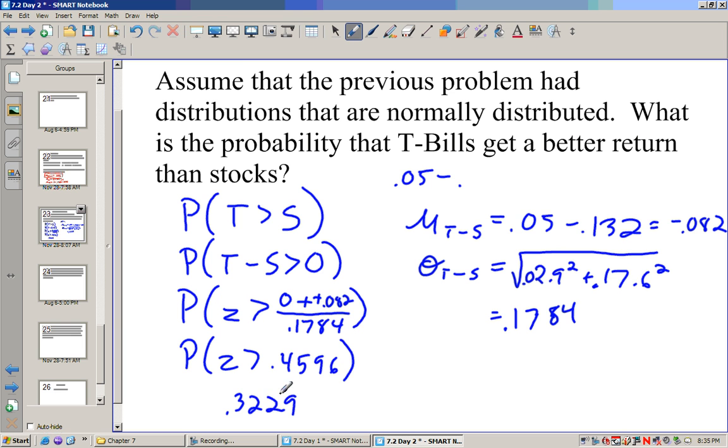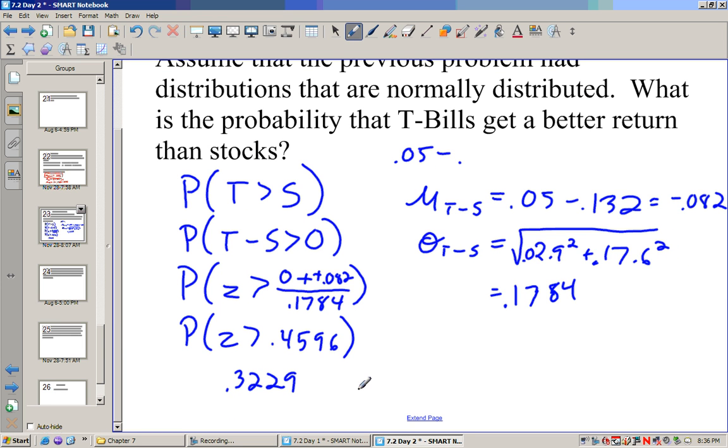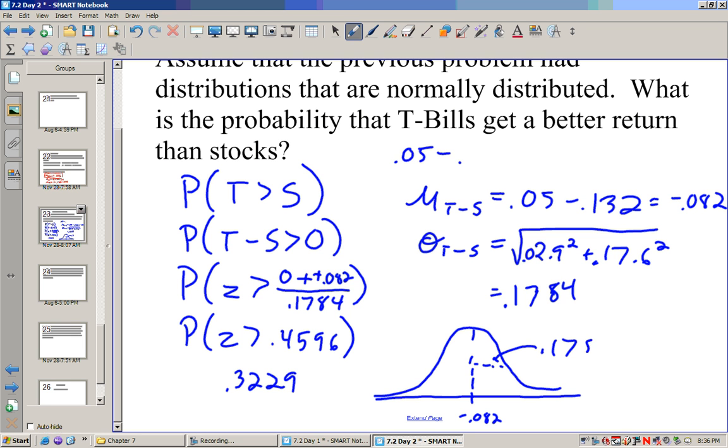So there's a 32.29% chance, roughly, that T-bills will get a better return than stocks. If I drew out the normal curve, I could say that the mean is negative 0.082 with a standard deviation of 0.1784. So when is this going to be greater than 0? 0 would be about there, so we'd color in to the right here.